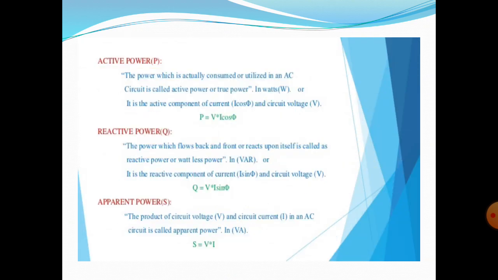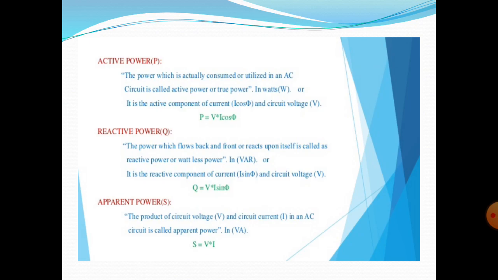And next one is active power. Active power is the true power, the original power. That means the power which is actually consumed or utilized in an AC circuit is called active power or true power. The active power is denoted by the letter P, and the formula is P is equal to V into I cos phi.